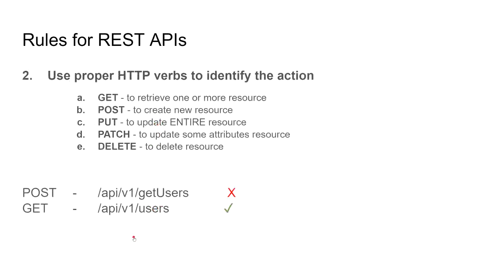The third thing is that there are several HTTP verbs: GET, which means you want to get one or more resources; POST, which means you want to create a new resource; PUT, where you want to update the entire resource; PATCH, where out of a resource you want to update some fields; and DELETE, which deletes a resource.